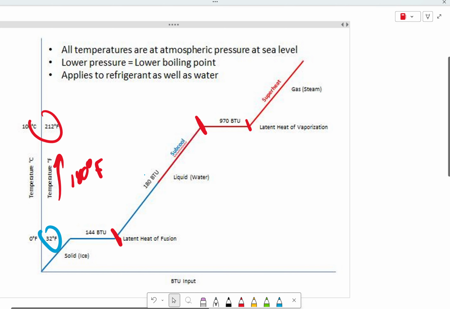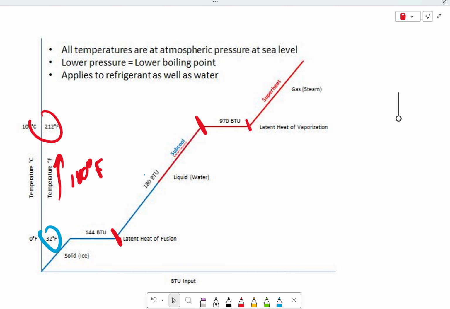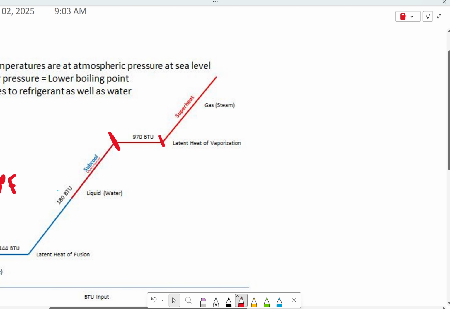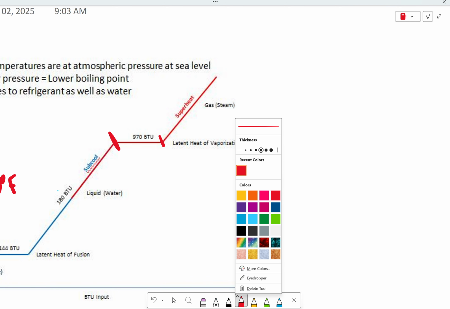Can some of you guys who've got your computer open do me a quick favor and see if you can figure out what the latent heat for R134A is? Somebody just Google that for me real quick. I'm curious what that number is. I know it's lower than water, but it is an interesting thing to see. For R134A, normal refrigerant.